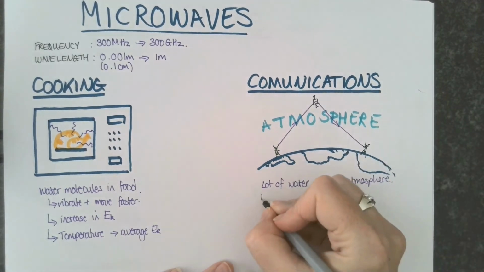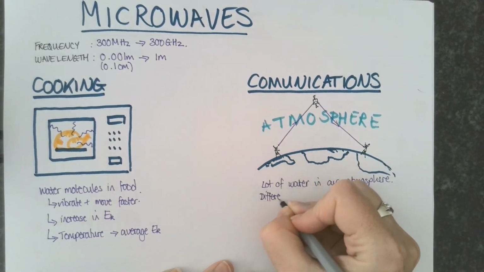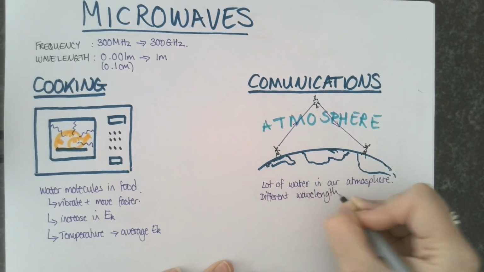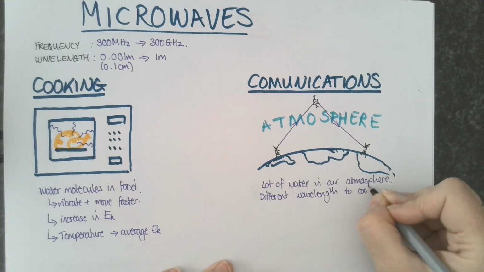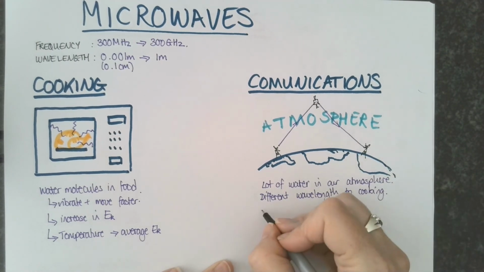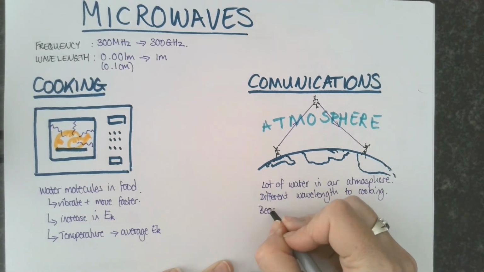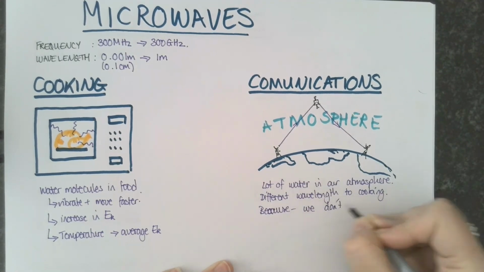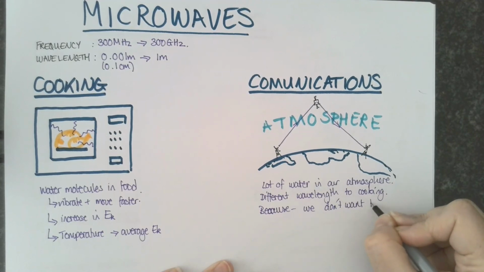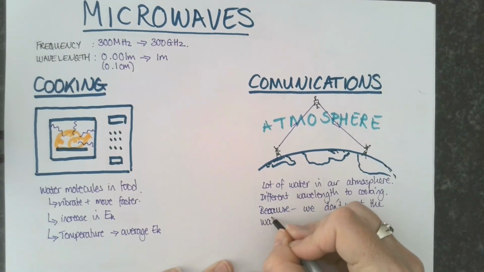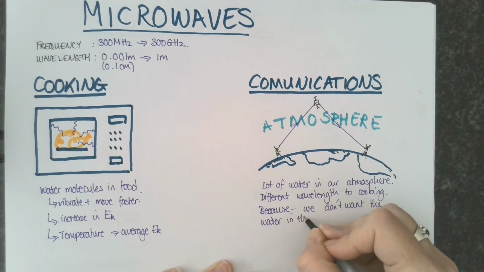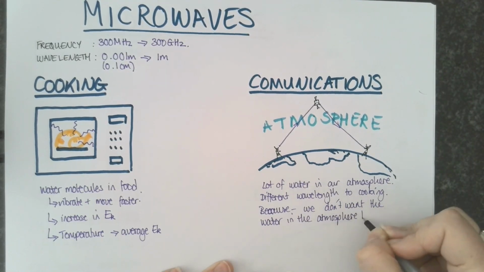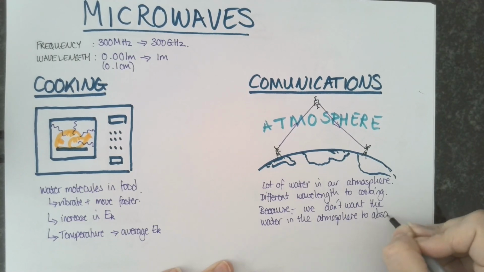So we need a different wavelength to cooking, because we don't want the water in the atmosphere to absorb our signal.